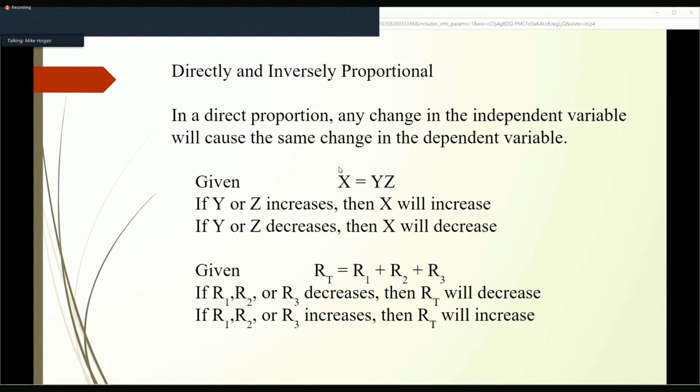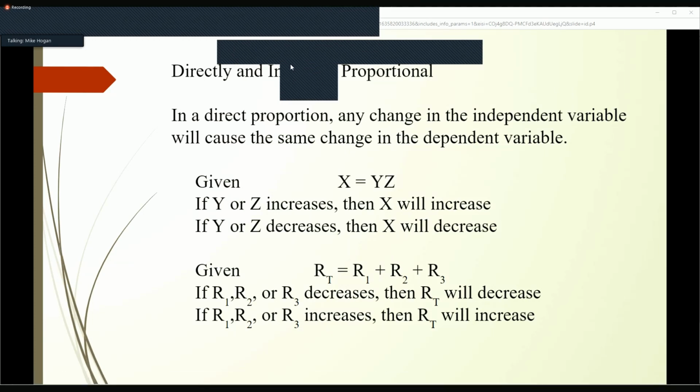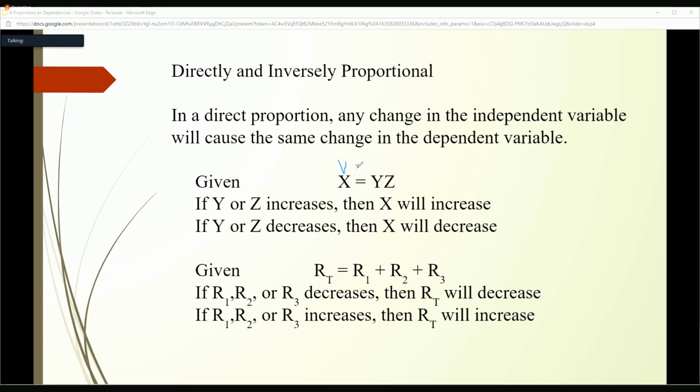Let me write this out. It will not be pretty, but voltage is equal to current times resistance.